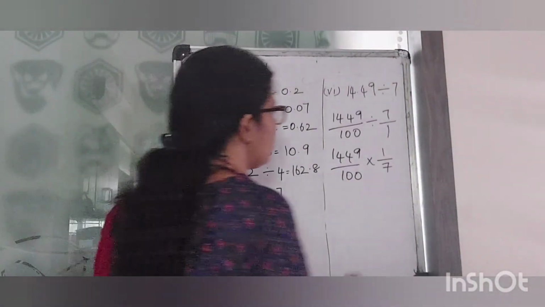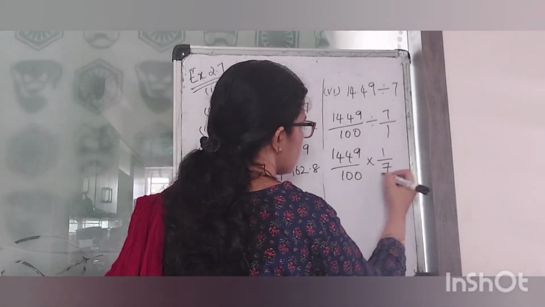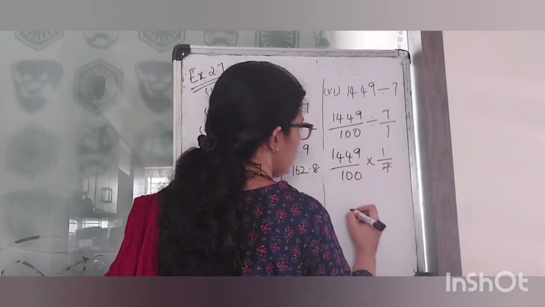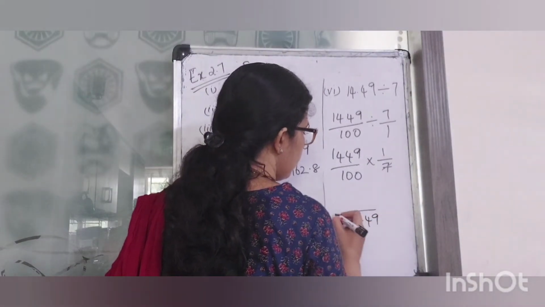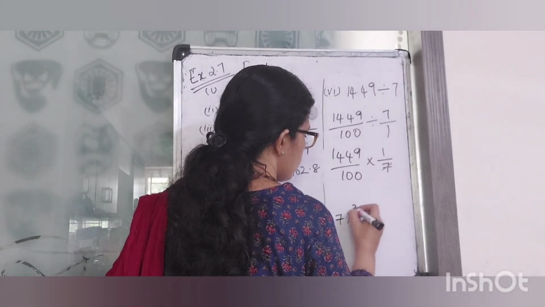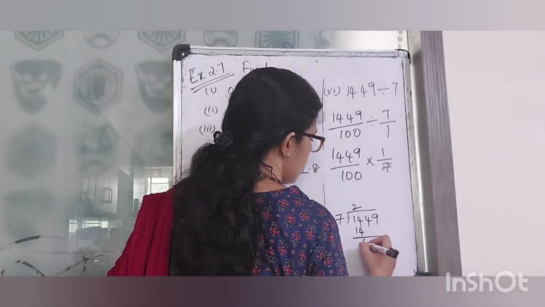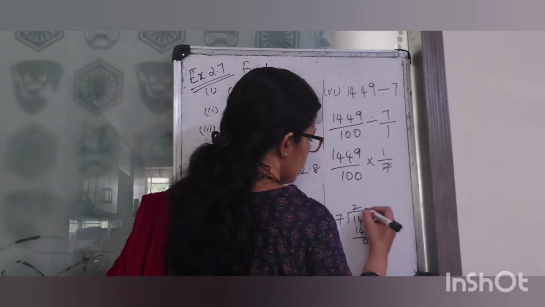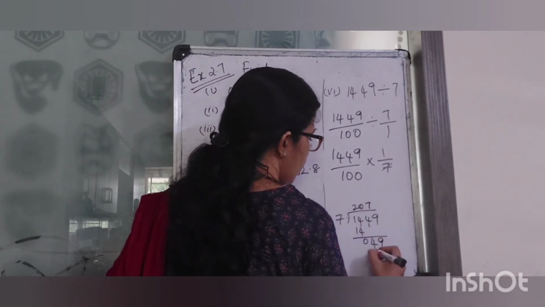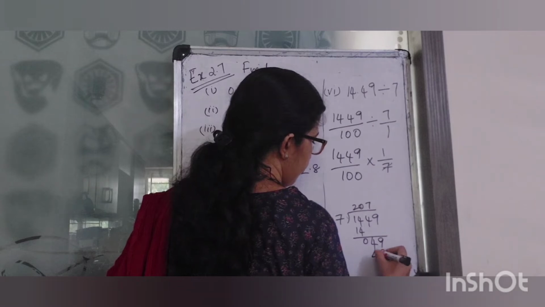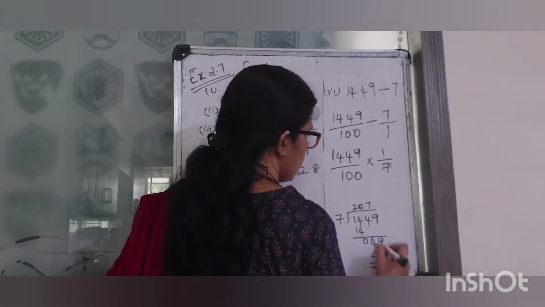Now the answer for this is, if we divide 1449 by 7, 2 7s are 14, 0, 4, so you will get a 0 here, 9, so 207.